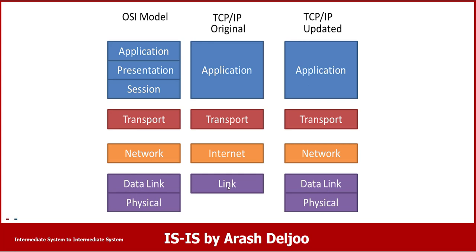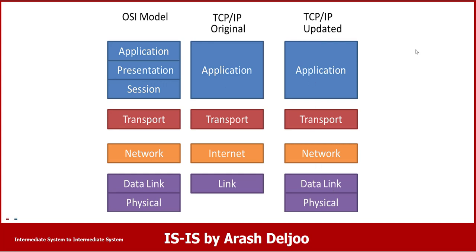As you can see, the link layer was converted to 2 layers, physical and data link, and after that the internet layer is now renamed to the network layer, just like the OSI. Also we have the transport layer and then application. As you can see, in the updated TCP/IP we now have 5 layers.